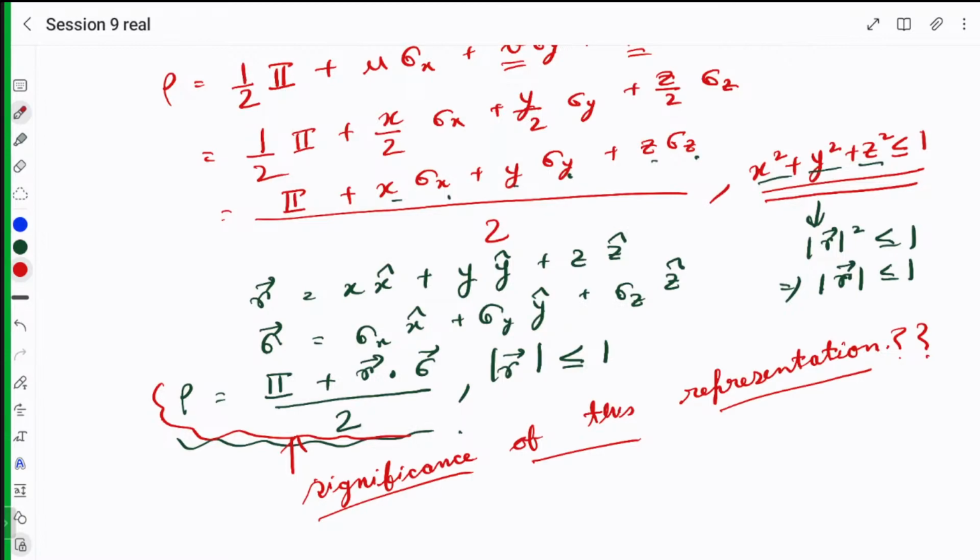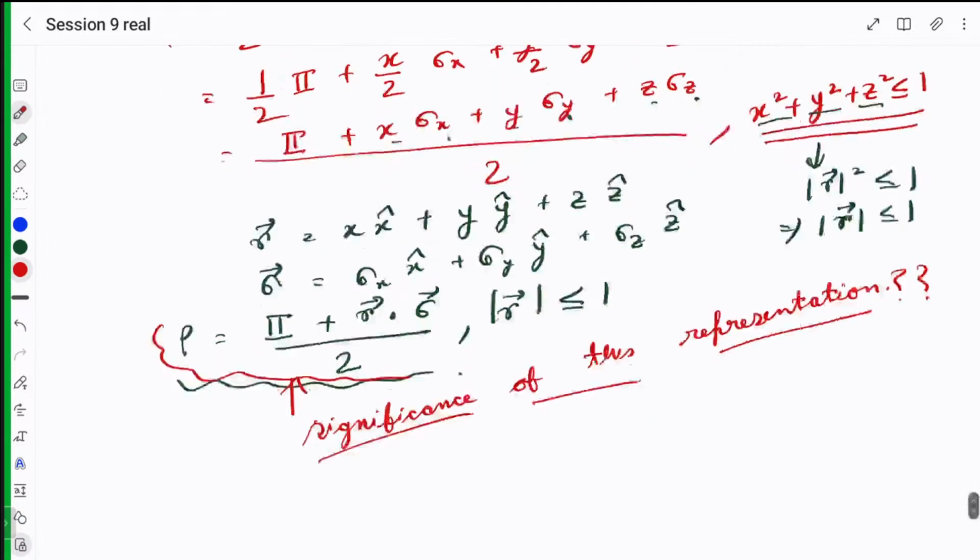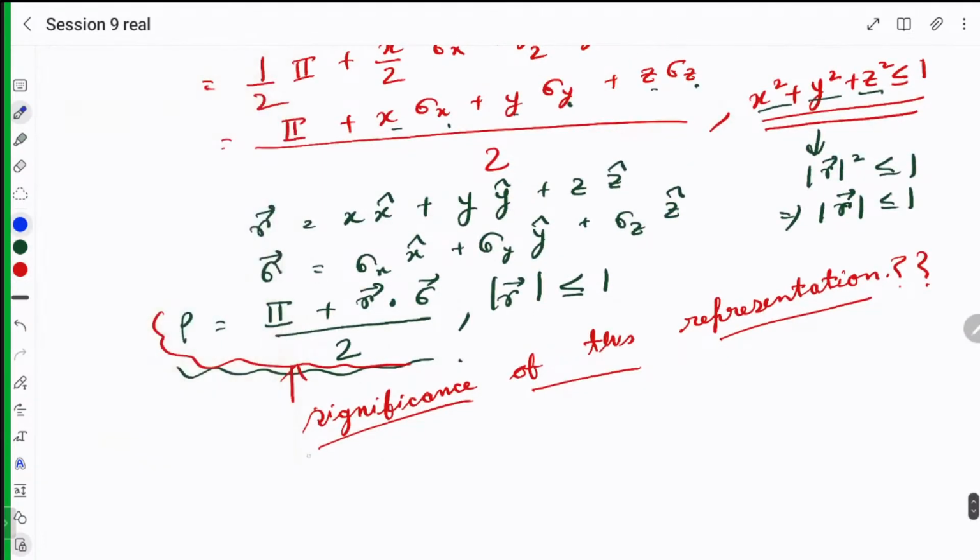Yes, exactly. You're right. So that is what we will discuss in the next class. You can actually represent rho in the Bloch sphere. Yeah, that's the right answer. The significance is that you can represent rho in the Bloch sphere. And I would encourage you to think how that would be possible.